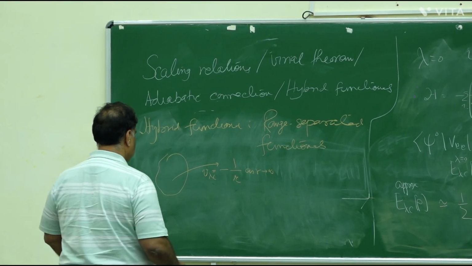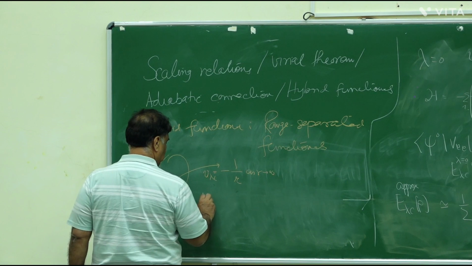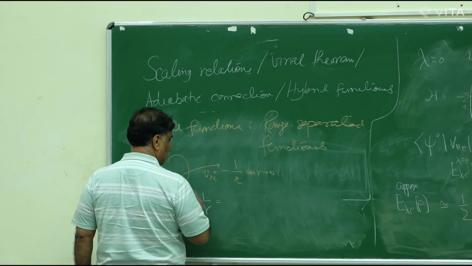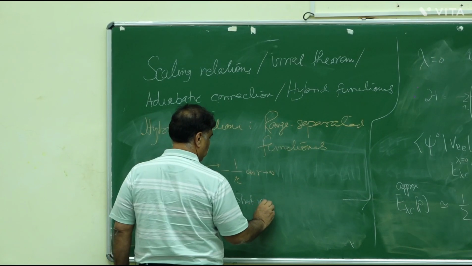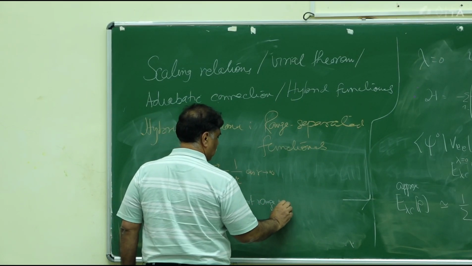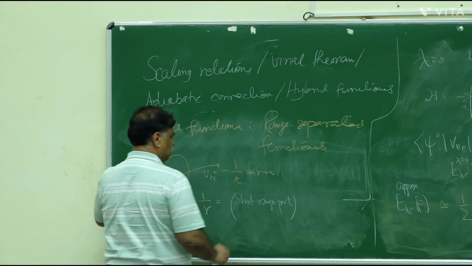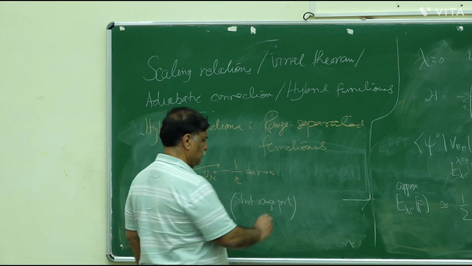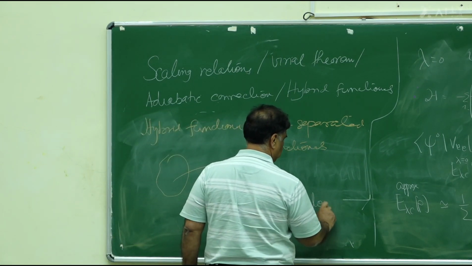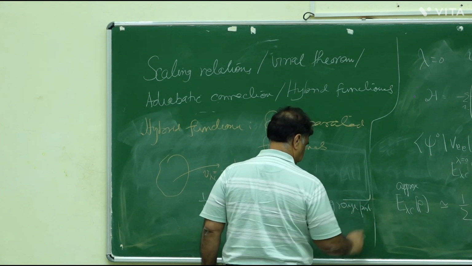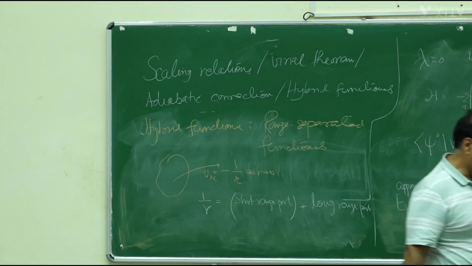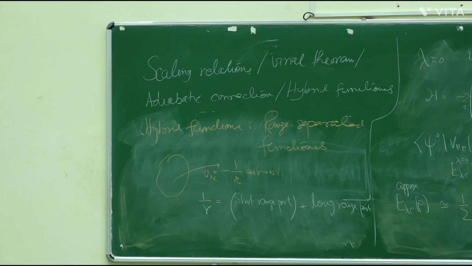Okay? And so the idea is to write 1 over R as a short range part, which can be done with an error function, plus a long range part. So there is some error function involved and we can do it through that.